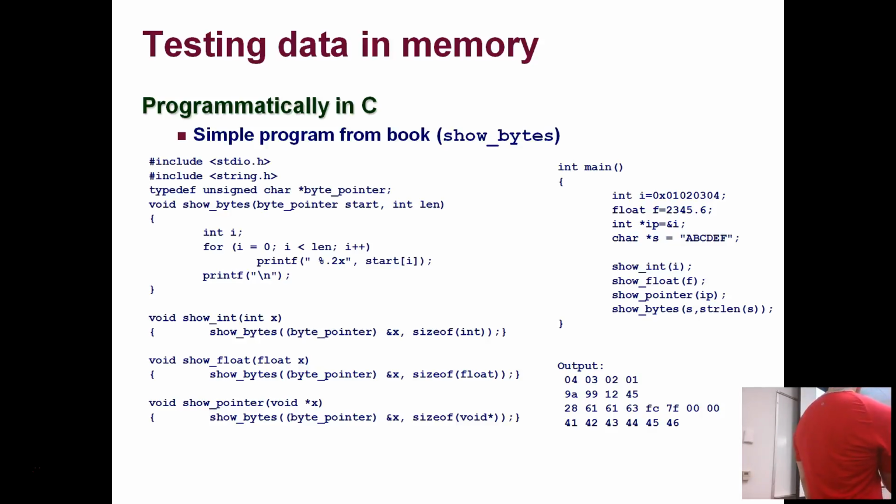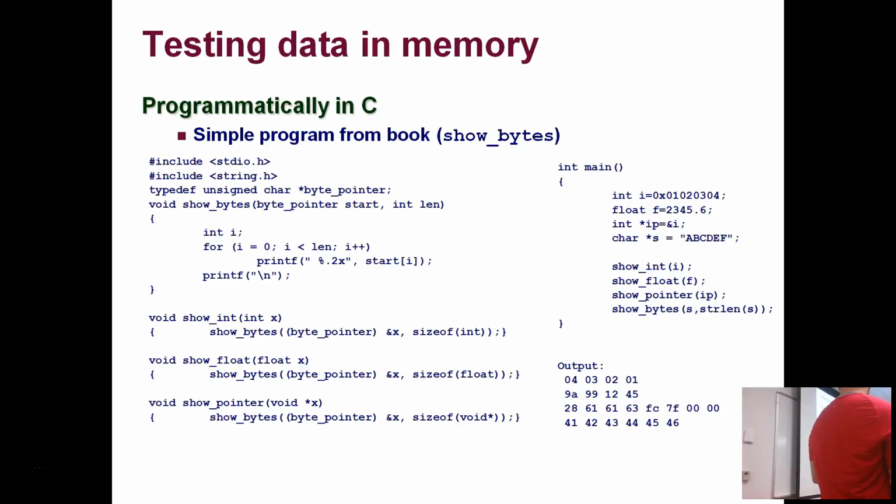But what show bytes does is, give me a byte pointer that's a starting address, and a length. And then for i from 0 to that length, I'm just going to print the 2 hex digits at that location, start of i. So this is what this routine does. It just spits out 1 byte at a time for a certain number of length bytes.